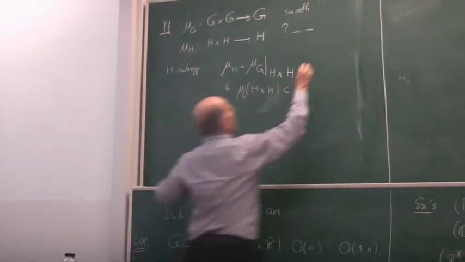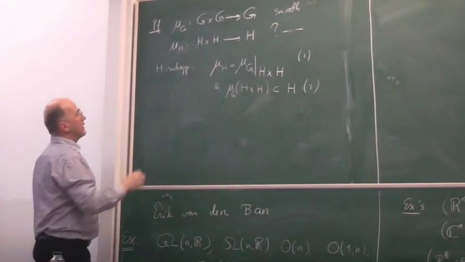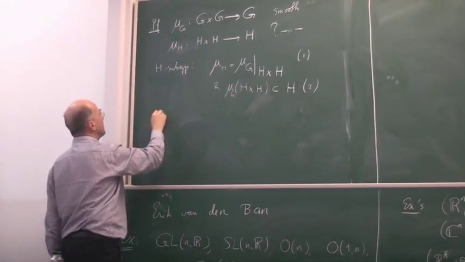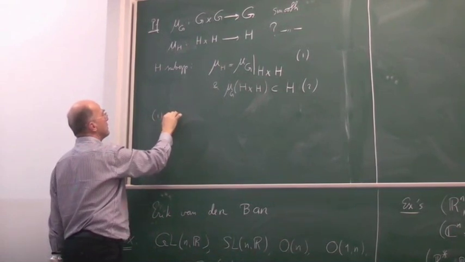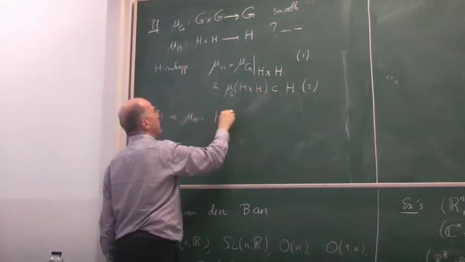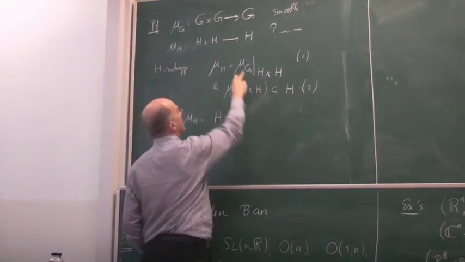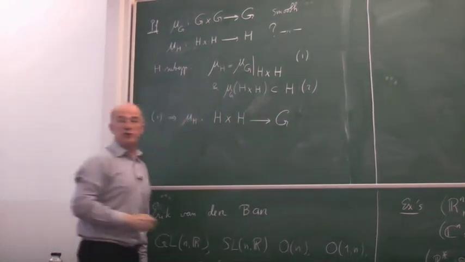Now, let's call this 1 and let's call this 2. Then from 1, it follows that mu_H, as a map from H times H, the restriction of this map to G, is a smooth map.